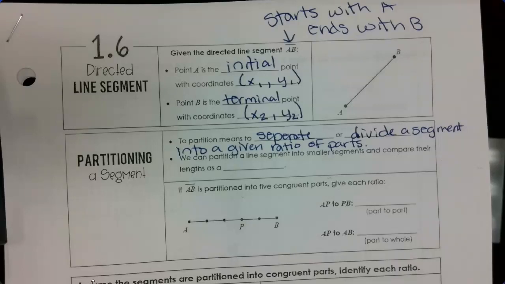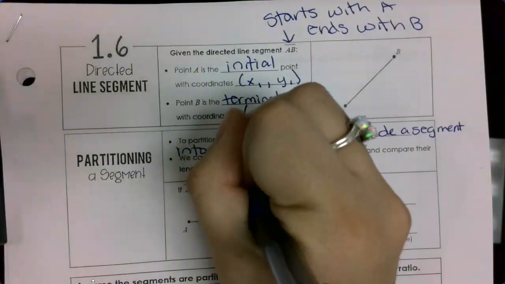Okay, so we can partition a line segment into smaller segments and compare their lengths as a ratio.